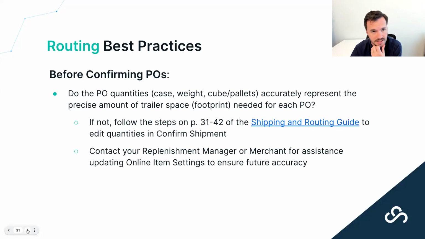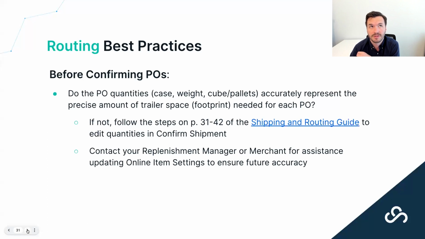these best practices. So for routing, Walmart has some recommendations for before confirming POs: checking if the PO quantities, and that could be any number of things, accurately represent the precise amount of trailer space needed for each PO, right? It's important.